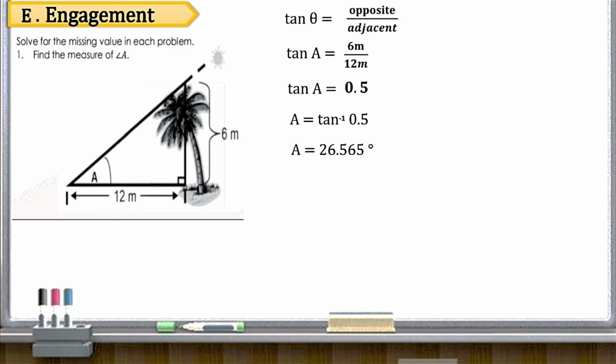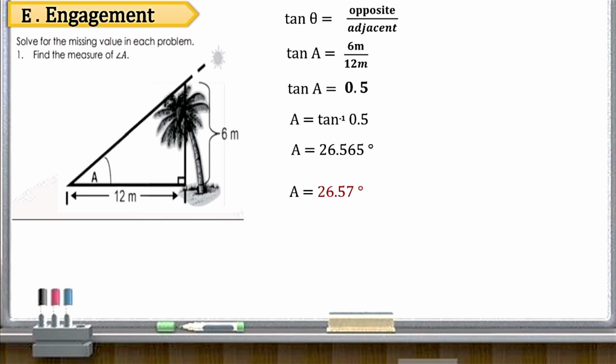And since dalawa lang class naman yung need natin na decimal, so round off natin, so magiging 26.57 degree. So again class, pindutin lang natin yung shift, then tangent, then 0.5, then equal. So makukuha na natin yung 26.57 degree.